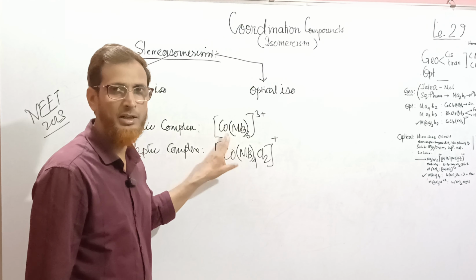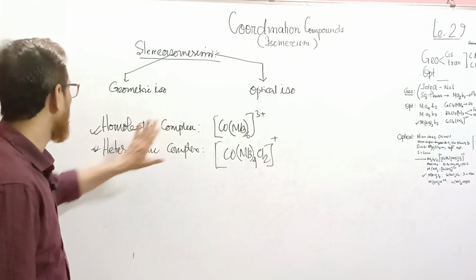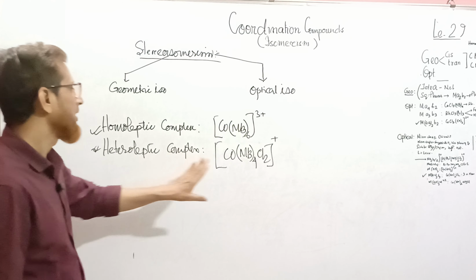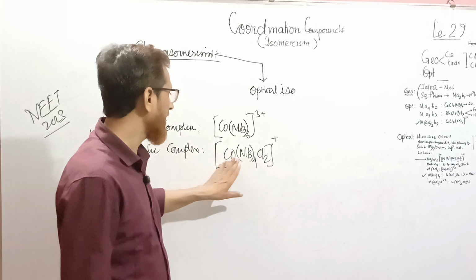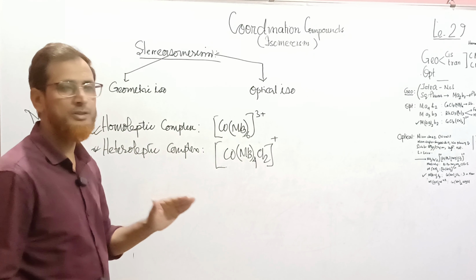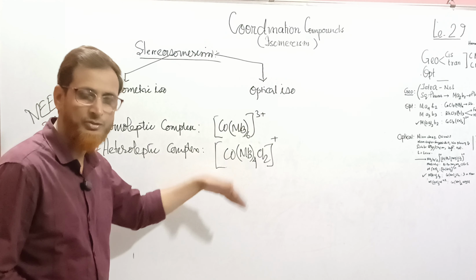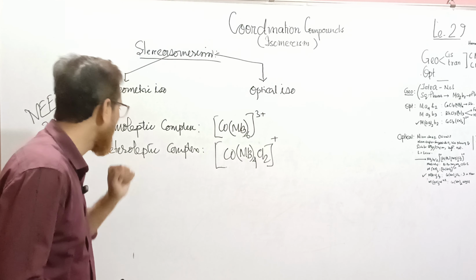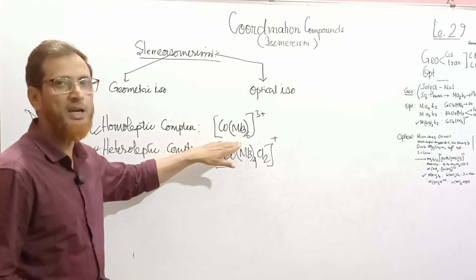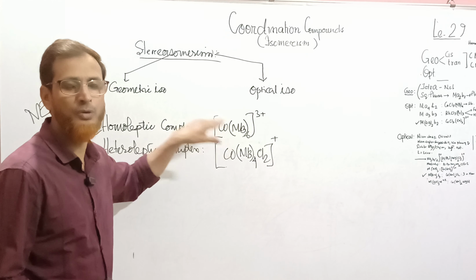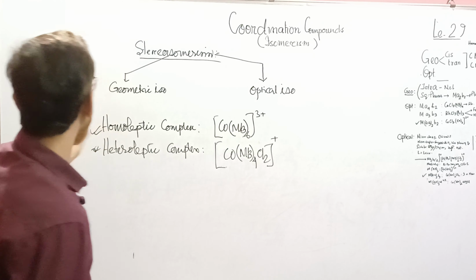And heteroleptic means the central metal ion is surrounded by more than one type of ligand. If the central metal is surrounded by different types of ligands, it is called a heteroleptic complex, and when the same type of ligands surround the central metal ion, it is called a homoleptic complex. This question was asked in NEET 2023. Very simple question, and if you have the knowledge, you can answer it very easily.